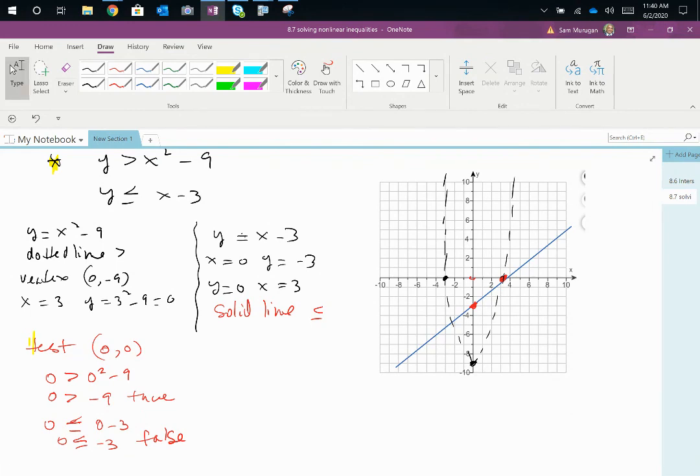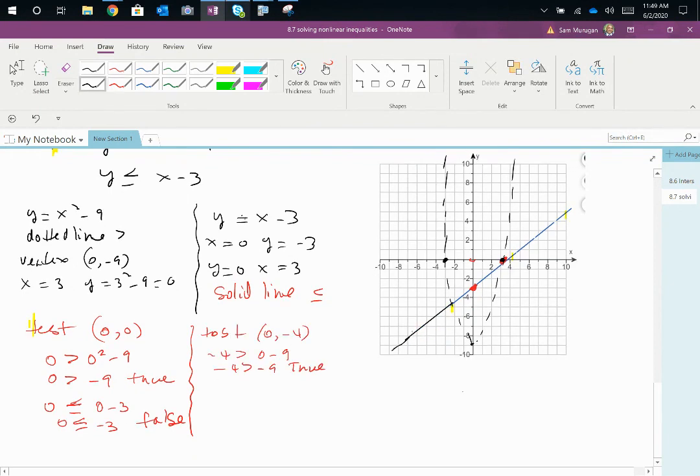So now we want to go and test a point, say inside of the parabola but below the line. Let's go ahead and try that. Inside of the parabola but below the line. Now let's go ahead and test in the second equation when y is equal to negative 4.